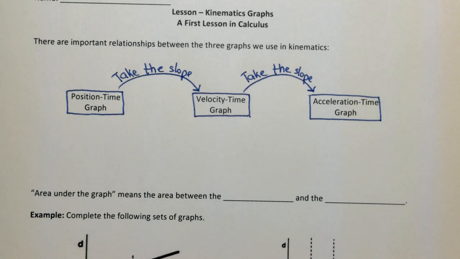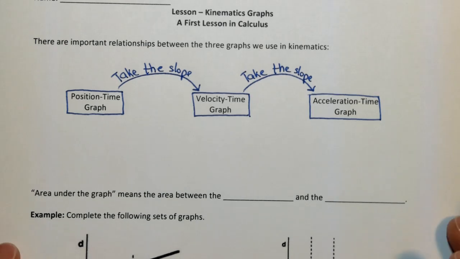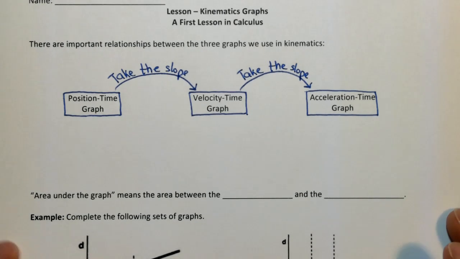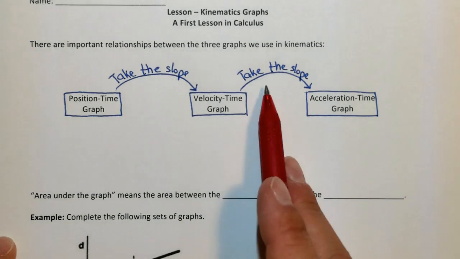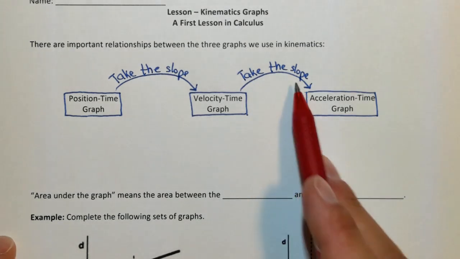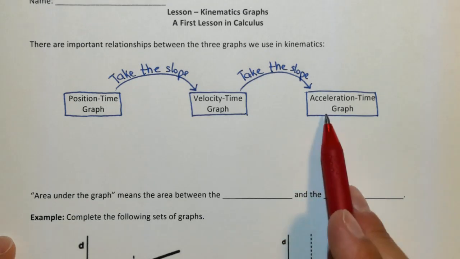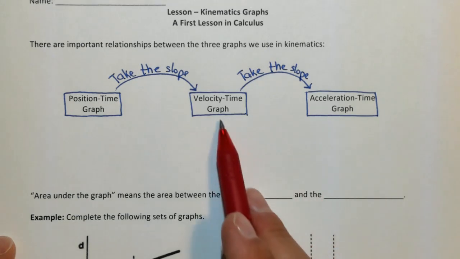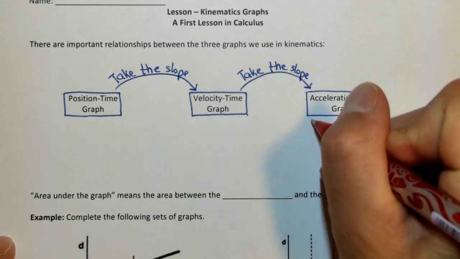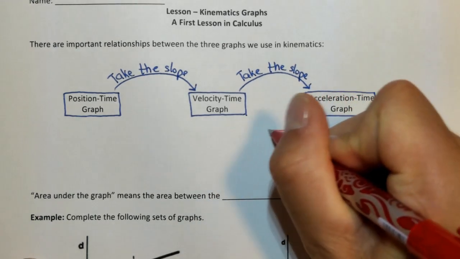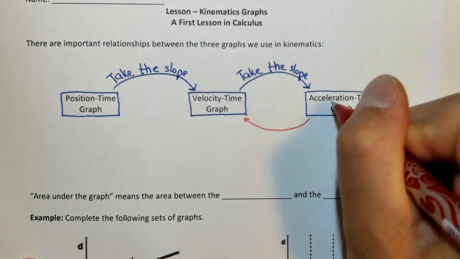Now, we can also go back the other way. This involves an idea that's a little odd when you first learn about it. It turns out the opposite of a slope is an area. So if I have an acceleration time graph and I want to know how much an object's velocity is changing, I find the area under this graph.